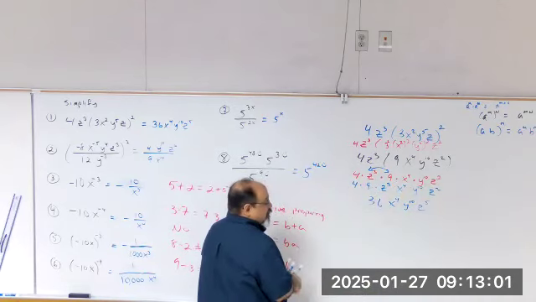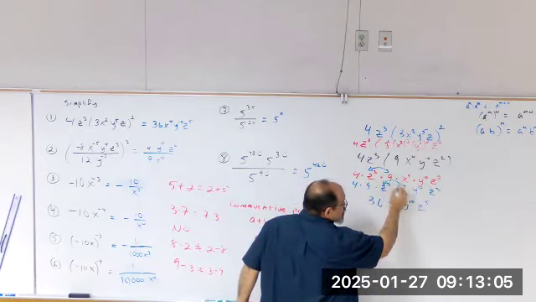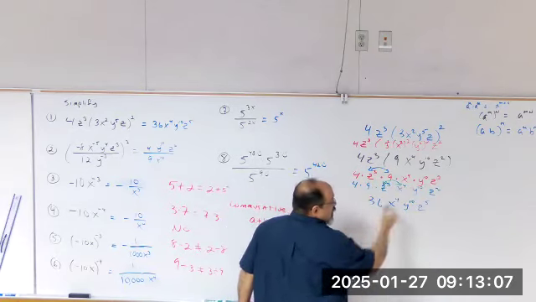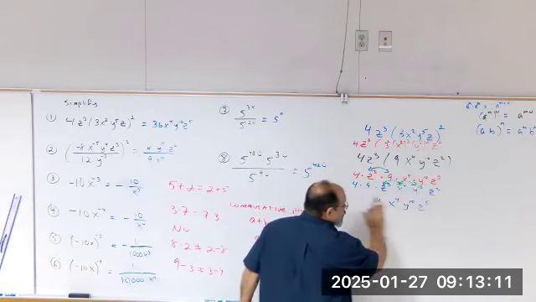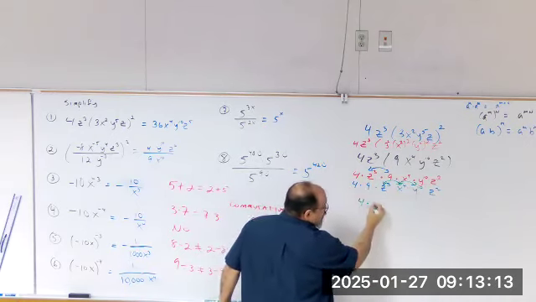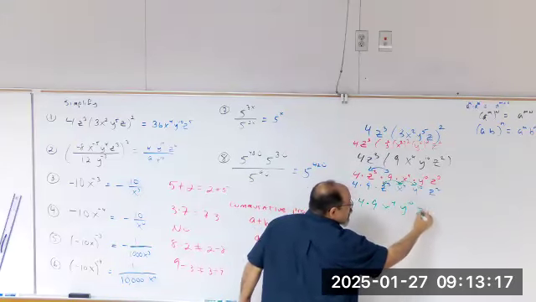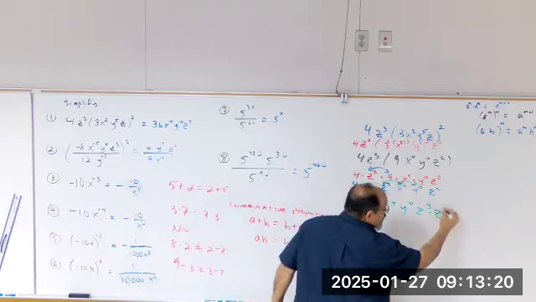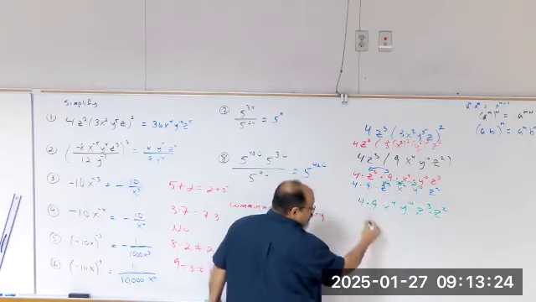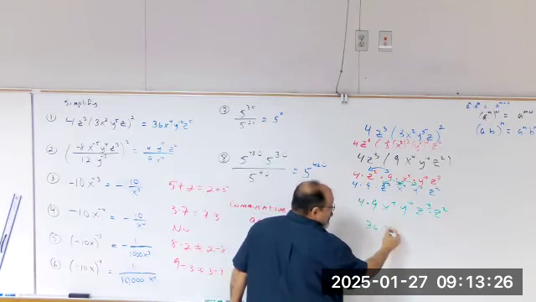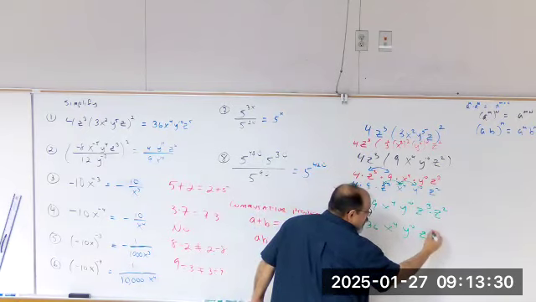And then I can keep trading places, move this one and exchange it with the x, and then exchange the z with the y until I have 4 times 9 times x to the 4th times y to the 10th, z to the 3rd times z to the 2nd. Then I can multiply: 36, x to the 4th, y to the 10th, z to the 5th.